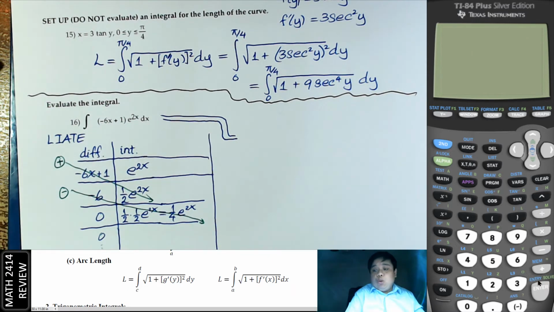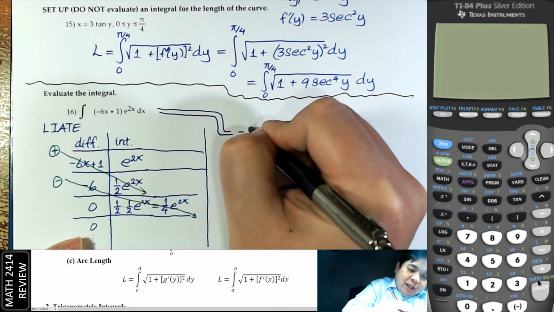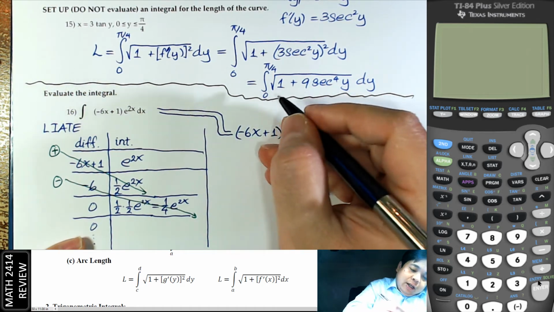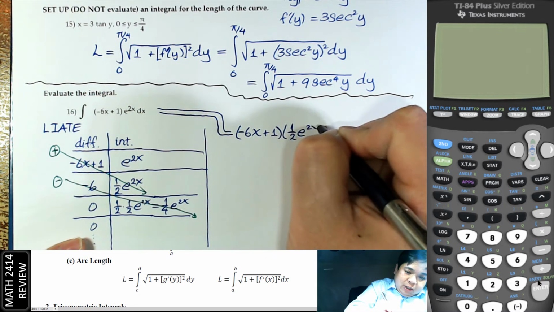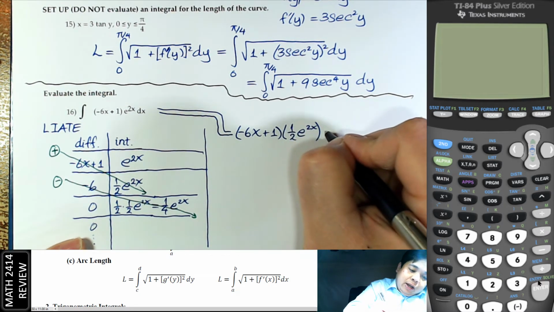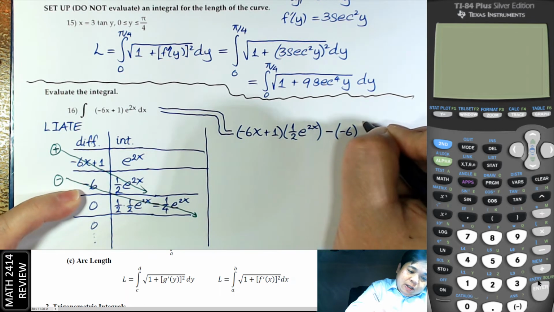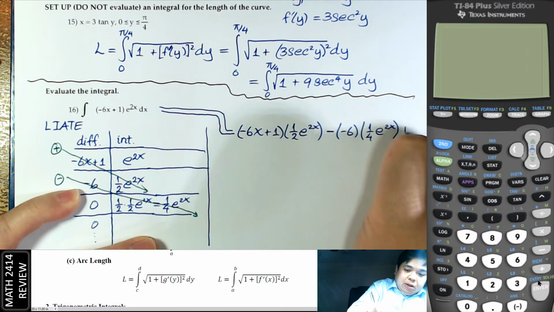Everything after that would be 0. So the first one is negative 6x plus 1, and then 1/2 e to the 2x. And then subtract negative 6 times 1/4 e to the 2x plus c.